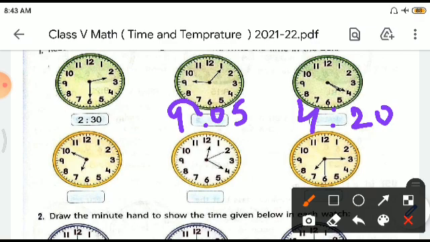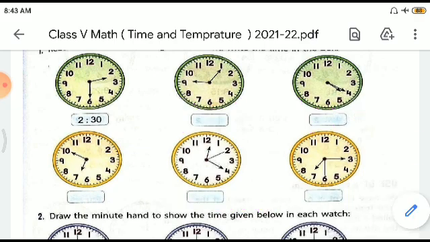And then the minutes is at 4, that is 20, and the second is at 10. So you can write both. You can write 00:20:10, or 12:20:10. Both will be correct.